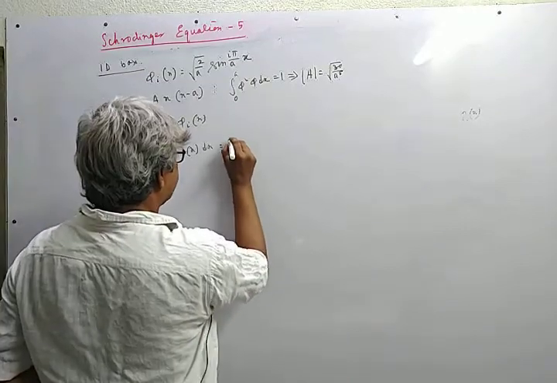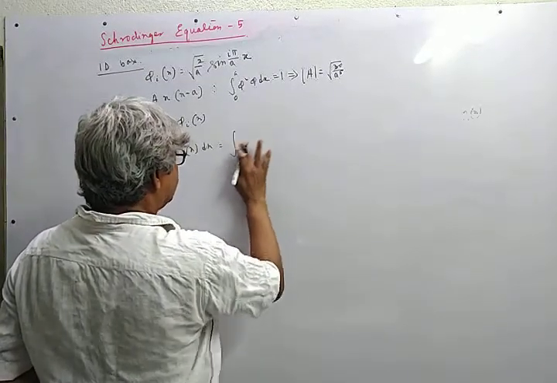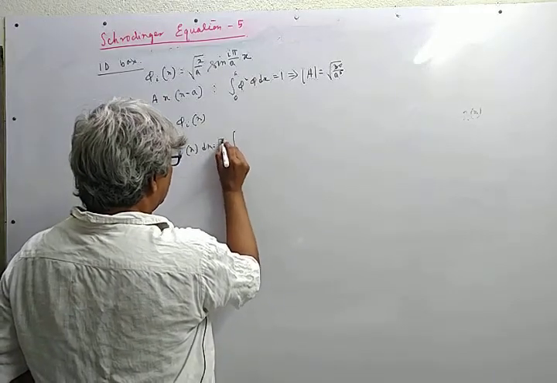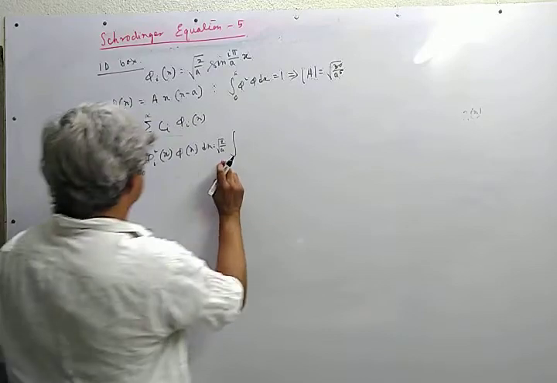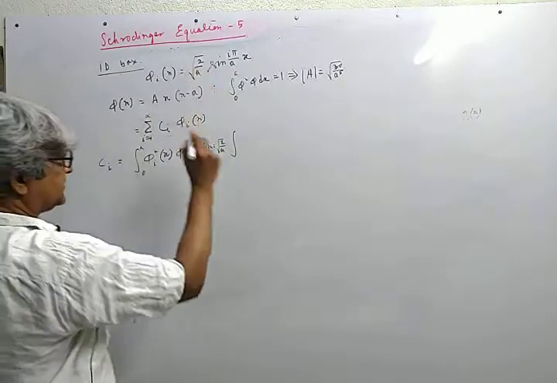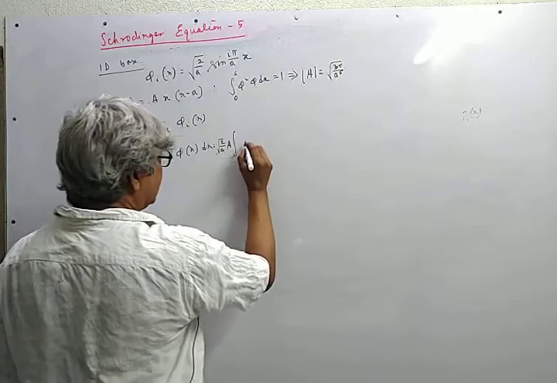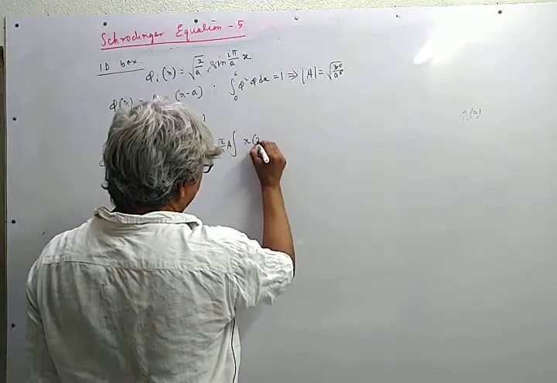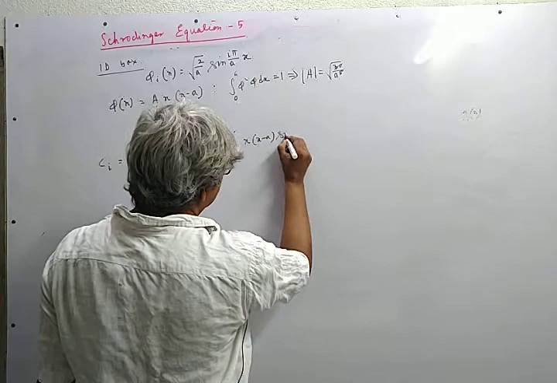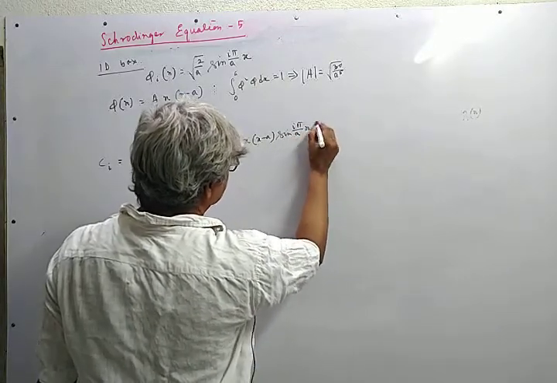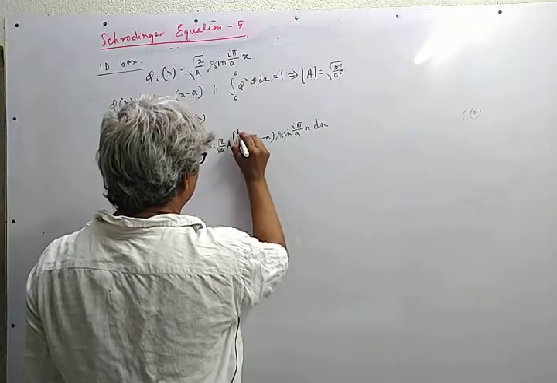So this is root of 2 by a, this coming from the normalization of this, and A from here, then the rest is x minus a times sine of i pi x by a dx from 0 to a.